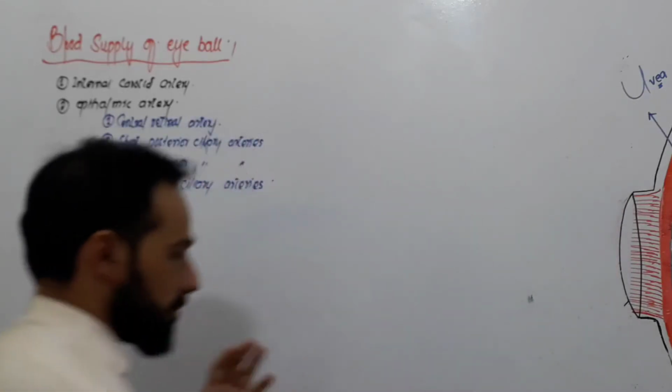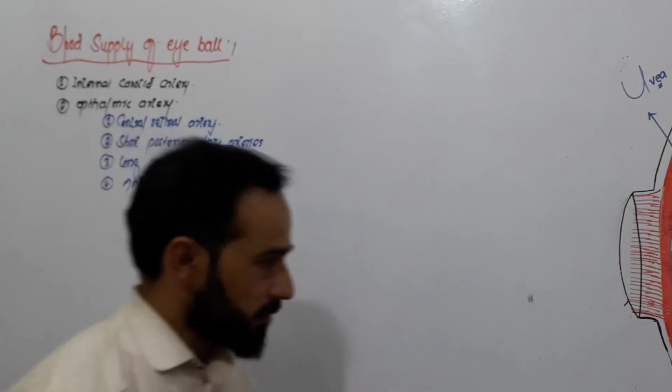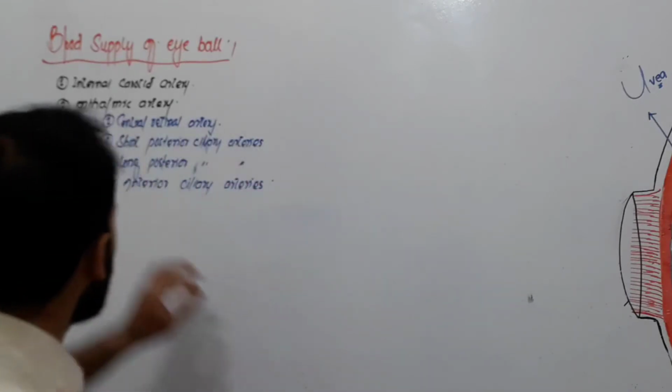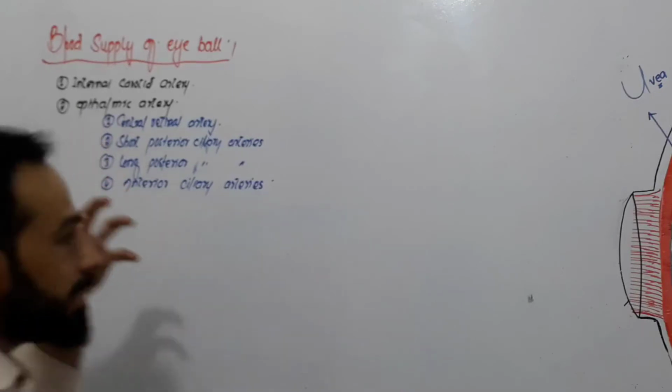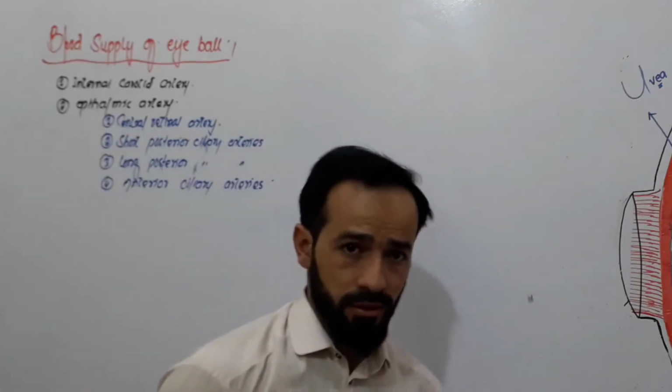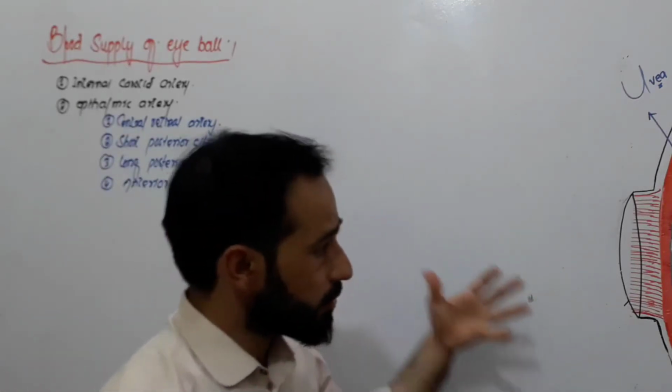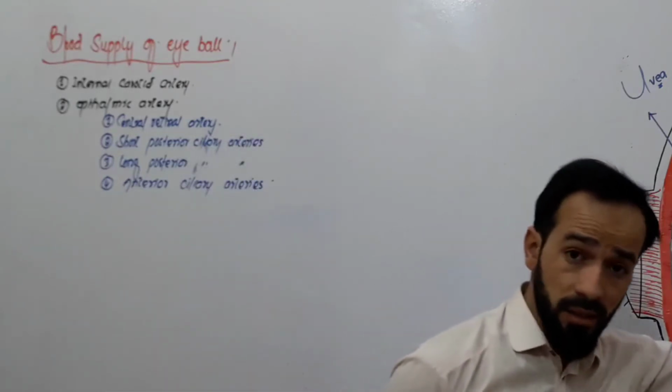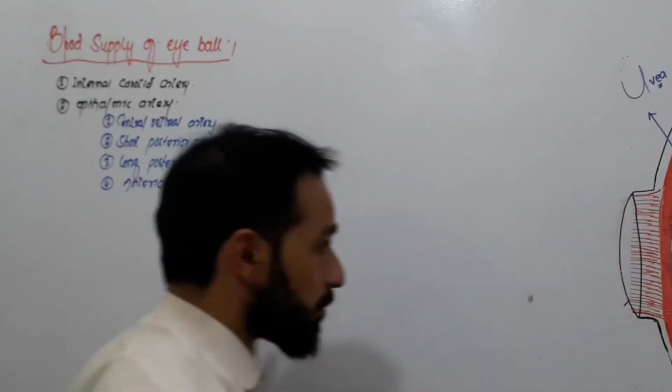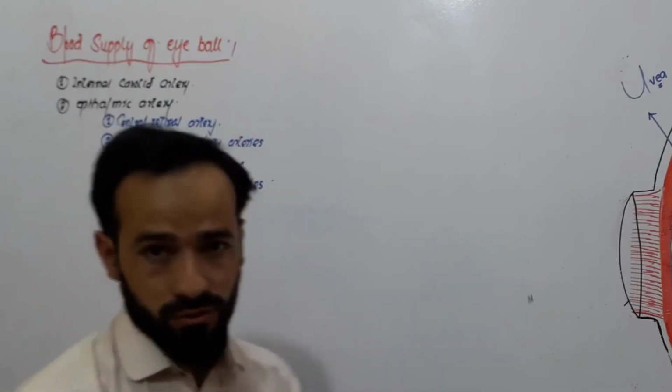Now my dear friends, one thing I want to mention: these arteries enter inside your eyeball, so they are responsible for supplying the internal structures of your eyeball.